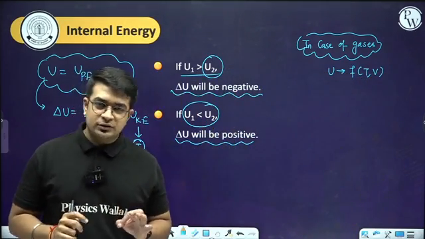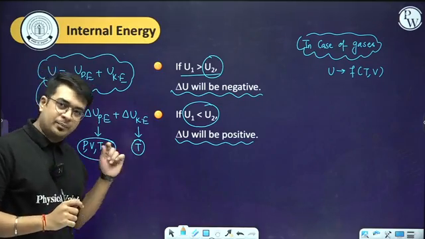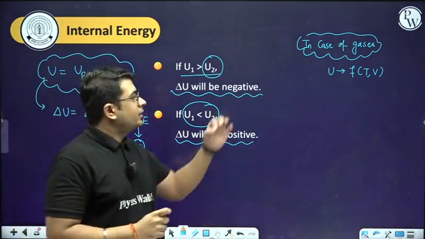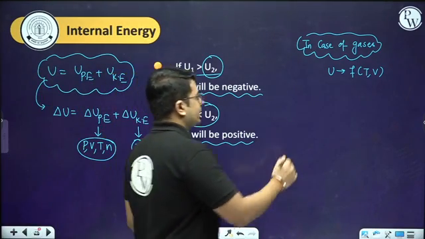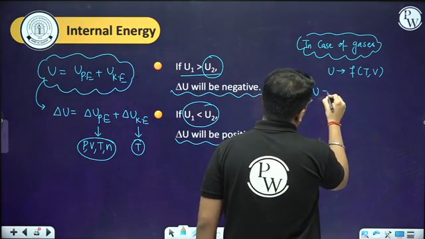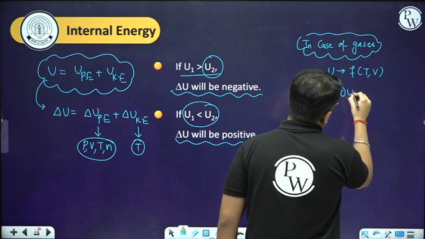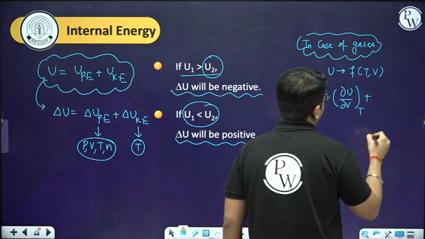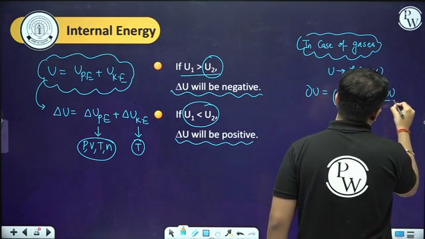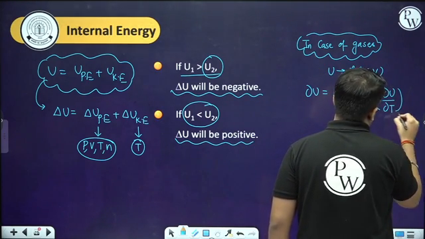Temperature is always there, but generally in this case we are talking about the temperature as well as volume. It means I can say that dU will be equal to (∂U/∂V) at constant T plus (∂U/∂T) at constant V.